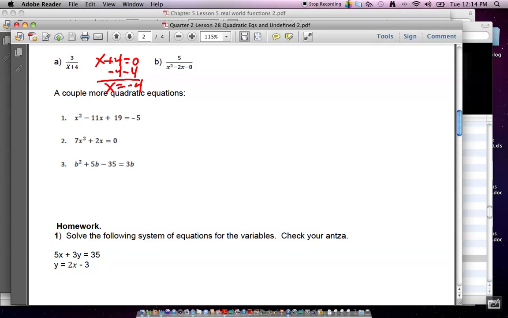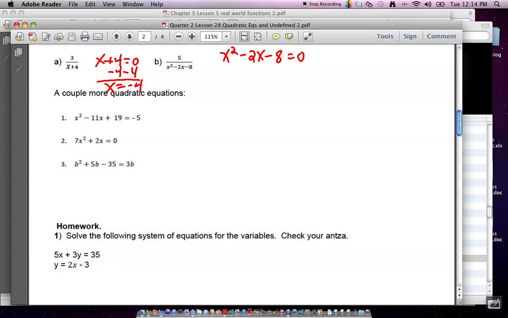What does undefined mean again, everybody? What equals 0? What does undefined mean, everybody? 0 where? In the what? Denominator. Right? Or the bottom if we want to be less technical.